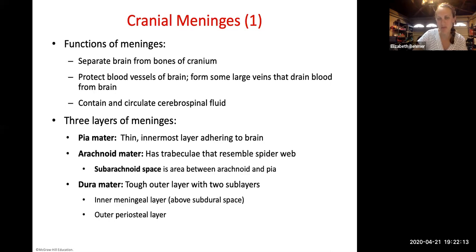That's the answer to number 2 on your notes. And then what meninx layer is composed of a delicate web of collagen and elastic fibers? That web is referring to the trabeculae in the arachnoid mater layer. So number 3 is arachnoid mater. And then number 4, the thin layer that follows every contour of the brain. That would be the pia mater layer. So that answers number 4, excuse me.